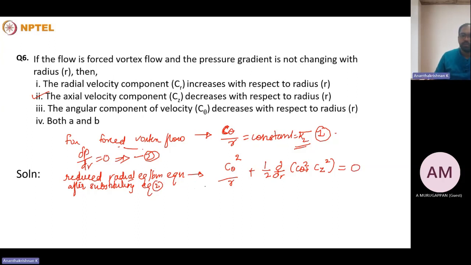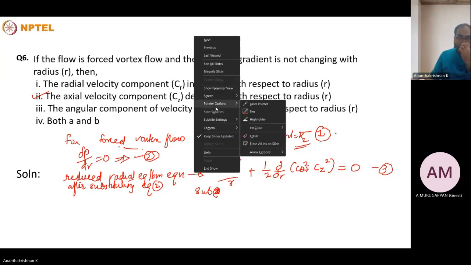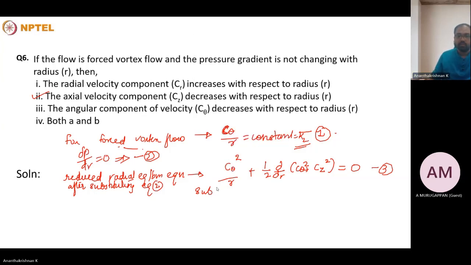Substituting the case of vortex flow, sub equation 1 in 3, we will get C theta squared in terms of K into r.